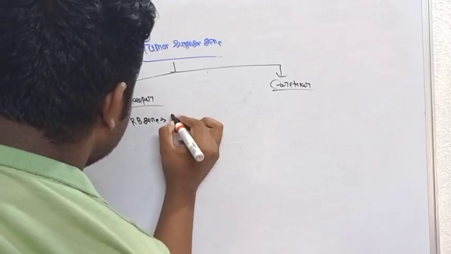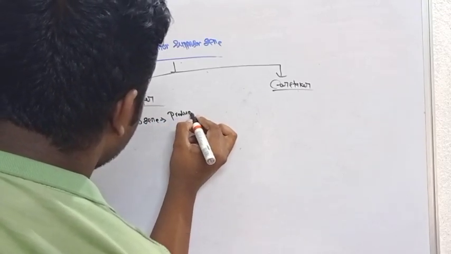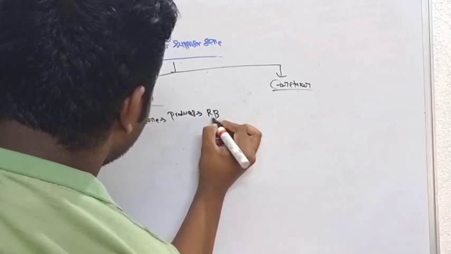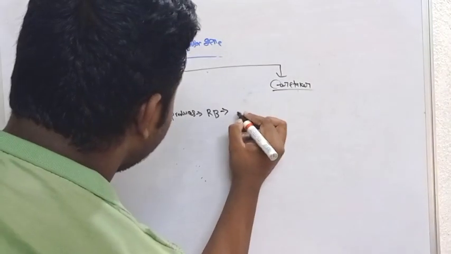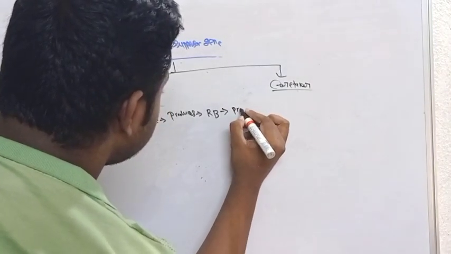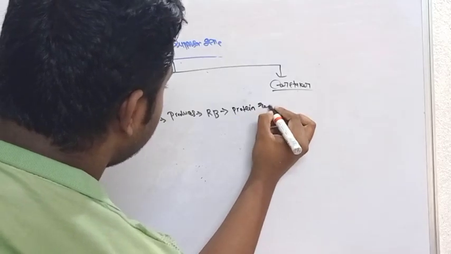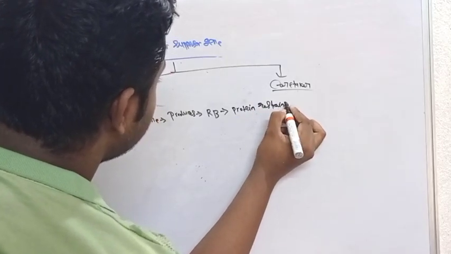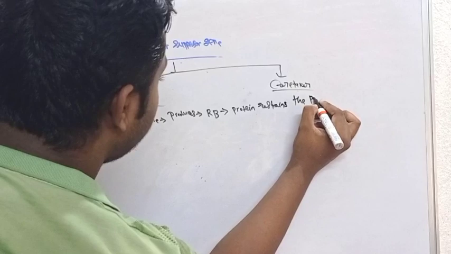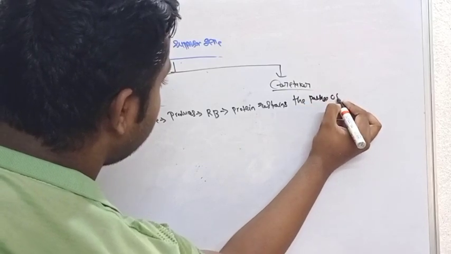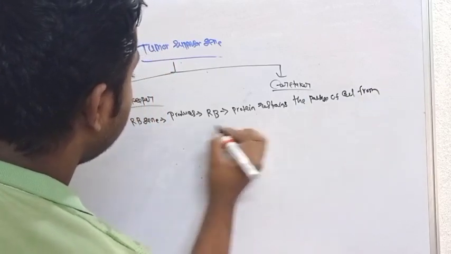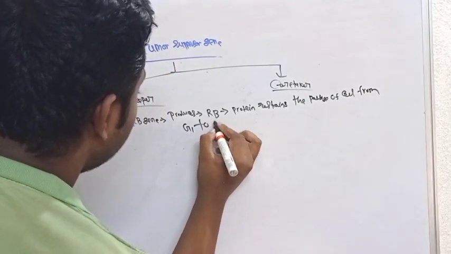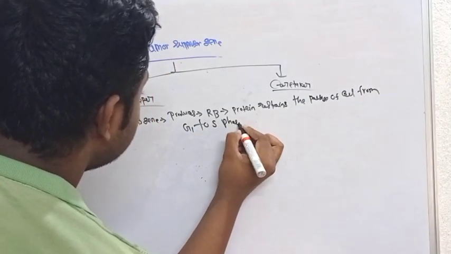The RB gene produces the RB protein, which restrains the passage of the cell from G1 to S phase.